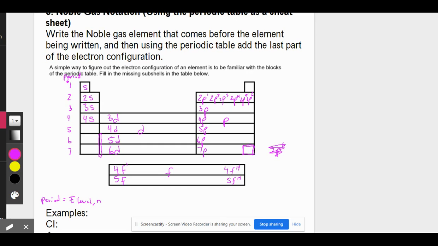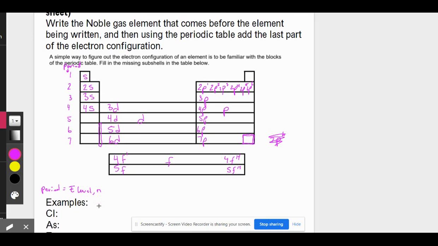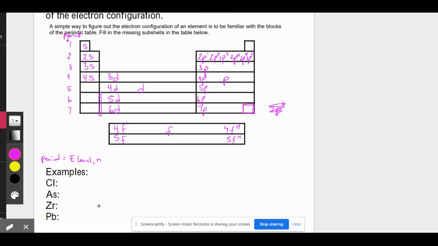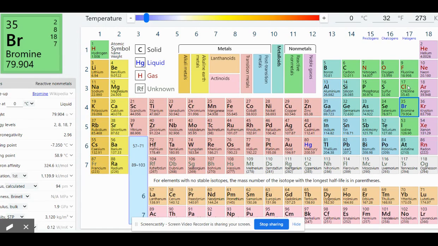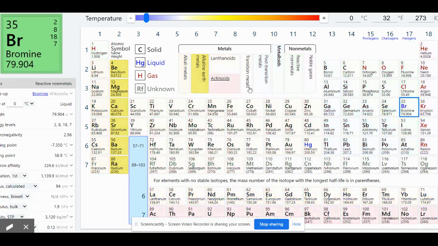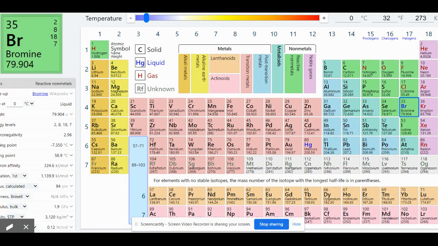Okay, so let's do some examples. Chlorine has 17. Let's look at where it's at on the periodic table. So chlorine is right here. It is in period 3. Okay, so it has filled up all of the interior energy levels. So anything we cross over in order to get to chlorine, we cross through the 3s, and then there is no D block right here.